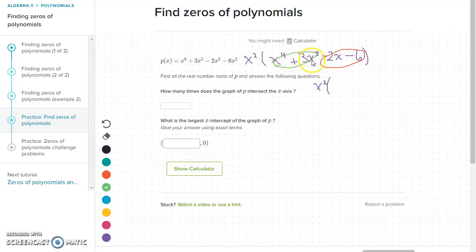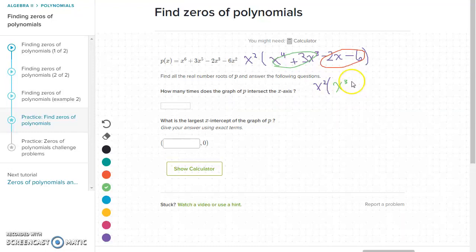So x to the 4th and 3x to the 3rd have what in common? The highest factor I can get is x to the 3rd power, so I'm factoring that out. I'm just dealing with what's in the green between x to the 4th and 3x to the 3rd right now. I'm not worried about anything else. I'm remembering to write my x squared, but I'm not going to try to think about it multiplying right now. That's too much going on.